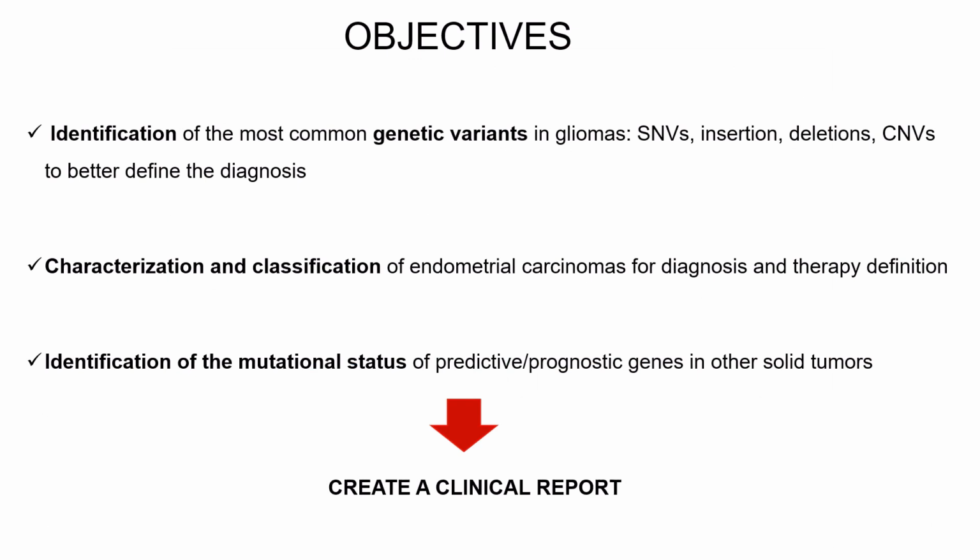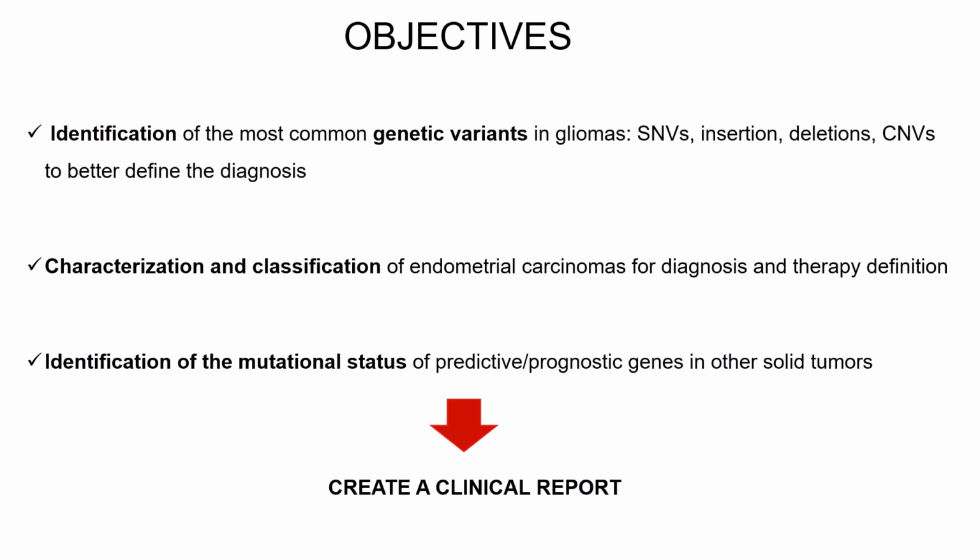Then, based on the information provided until now, our aims were as follows: the identification of the most common genetic variants in gliomas. Then we focus our attention on detecting single nucleotide variants, insertions, deletions, and copy number variations. This approach aimed to enhance the diagnostic accuracy and provide a clearer understanding of glioma pathogenesis.